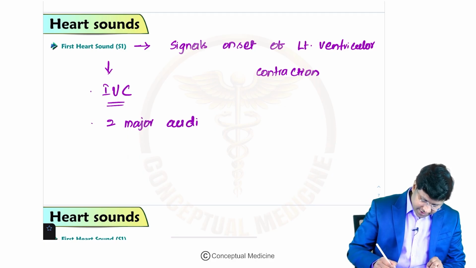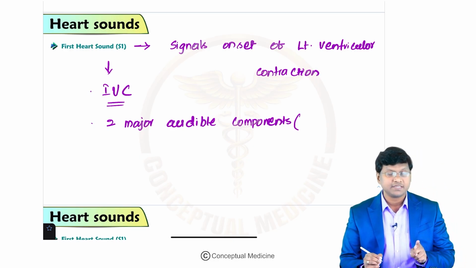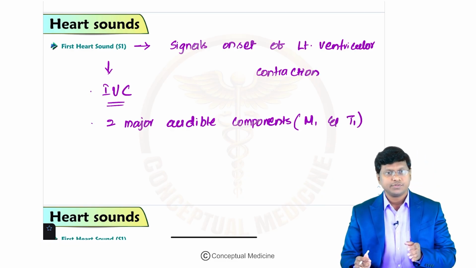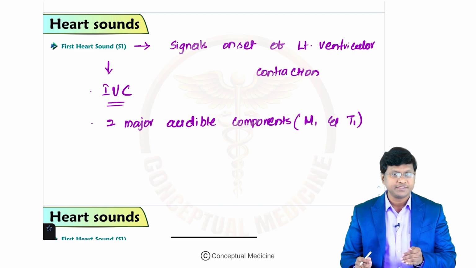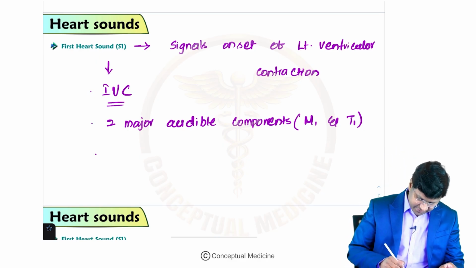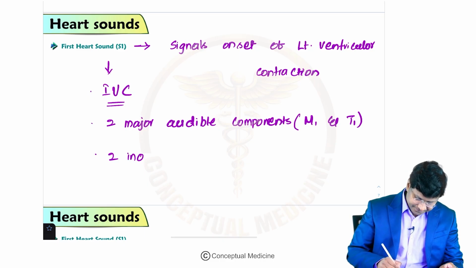And what are these two major audible components? They include the mitral component as well as the tricuspid component, that is M1 as well as T1. It is the vibrations generated within the mitral valve and tricuspid valve that constitute the major audible components of the first heart sound, and there are two inaudible components as well.